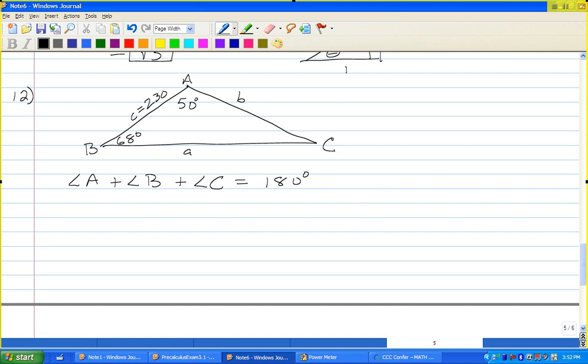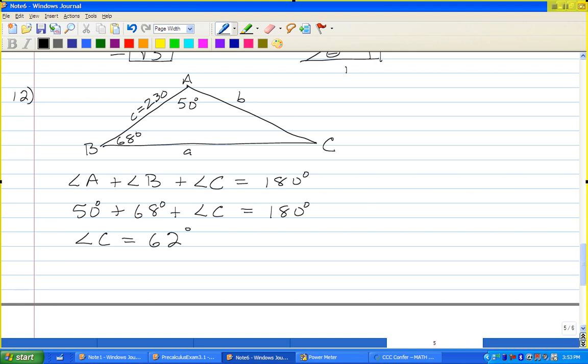So I have 50 plus 68 plus C is 180, and so the measure of angle C is 62 degrees.